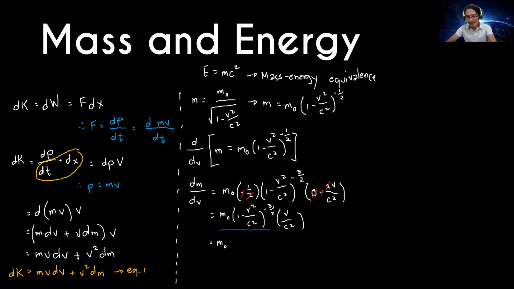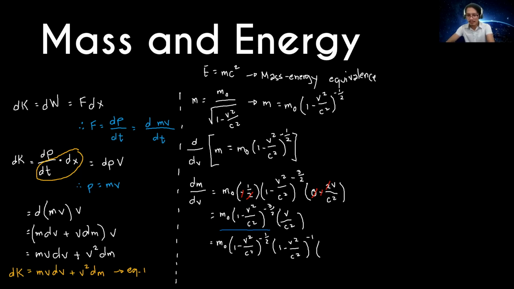This is M0, or the rest mass, times 1 minus v squared over c squared to the power of negative 1 half, times, para ma-retain ang negative 3 halves, c squared to the power of negative 1. Negative 1 half minus 1 is equal to negative 3 halves.